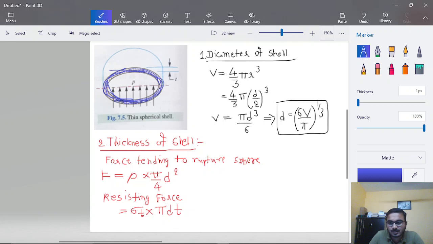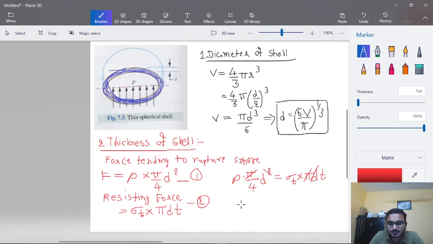Now we can compare these two equations. This will be equation 1 and this will be equation 2. So here p into pi by 4 d square is equal to sigma t into pi into d into t. There are a few things that will get cancelled.